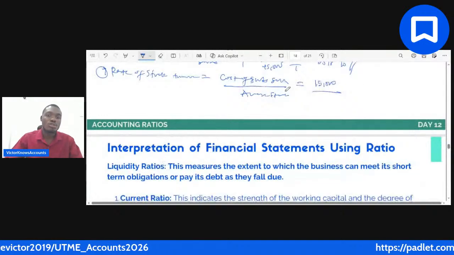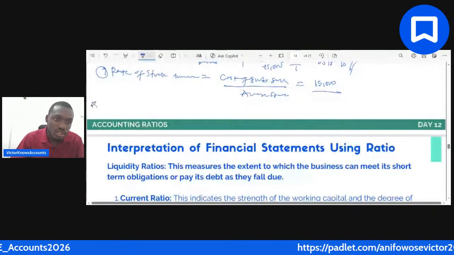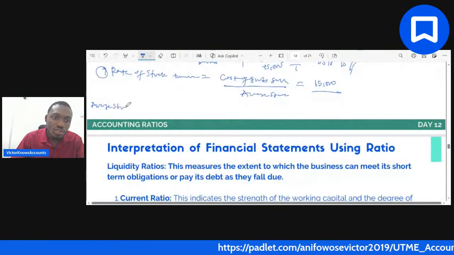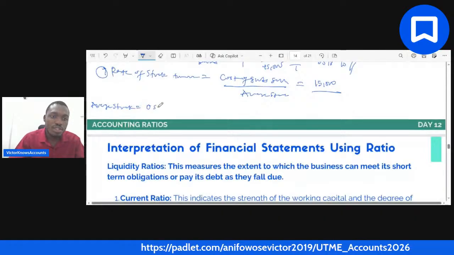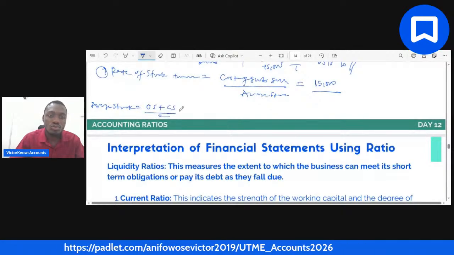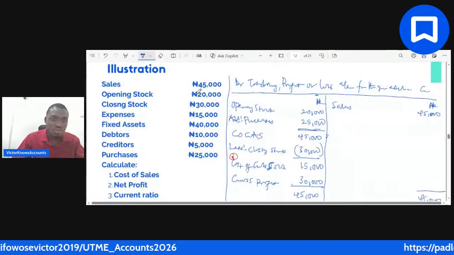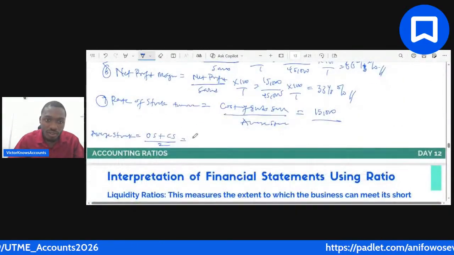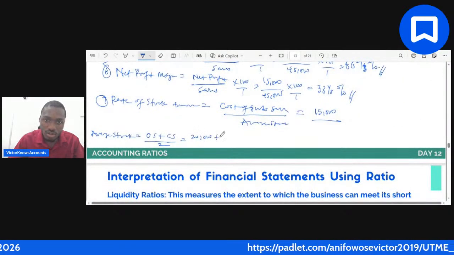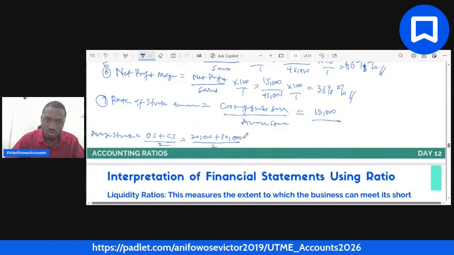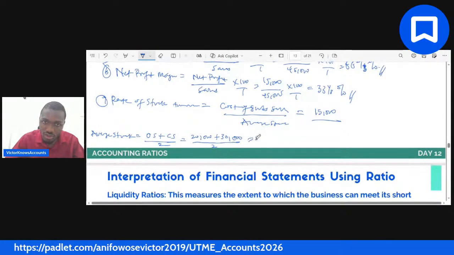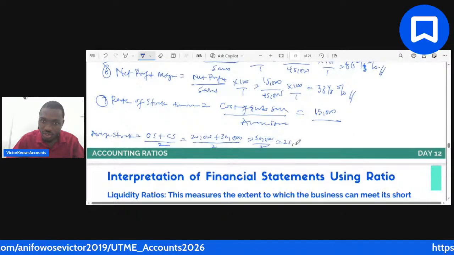We don't know our average stock, so let's calculate it. Average stock equals opening stock plus closing stock over 2. Opening stock is 20, closing stock is 30. So we have 20,000 plus 30,000 divided by 2. That's 50,000 divided by 2 equals 25,000.